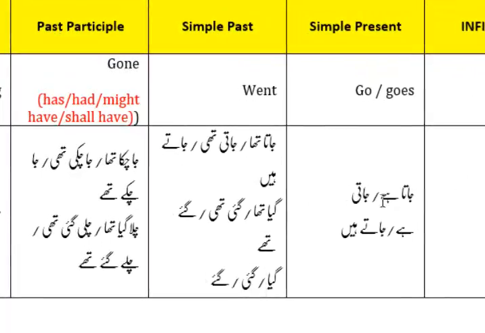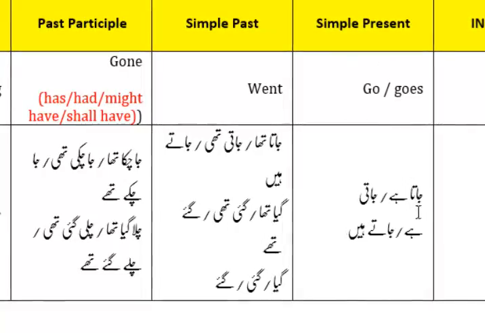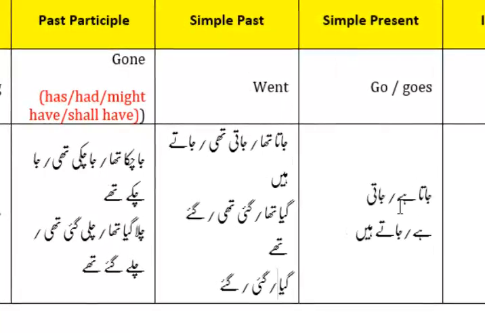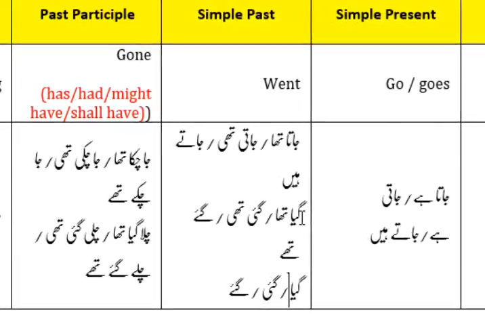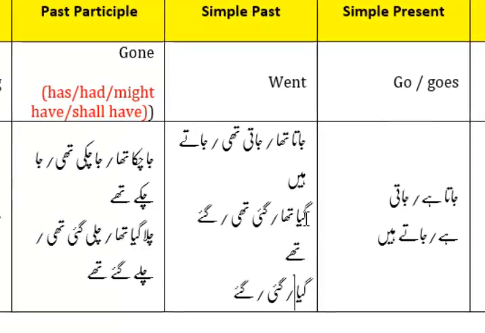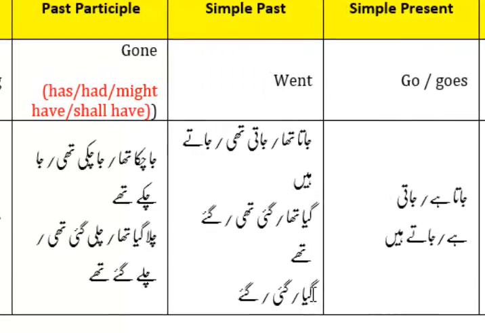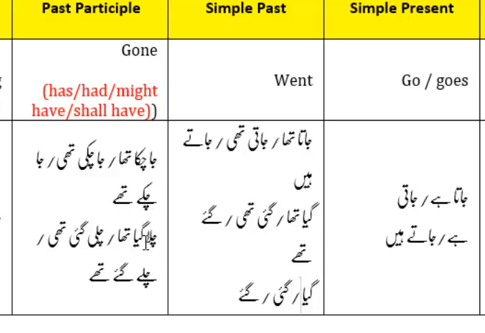But you might find that in present indefinite tense we are saying जाता है, but when we are in past indefinite tense, you will not find जाता था. You might find गया था or गया. Whereas in the perfect tense, चला गया था या चला गया है, और चले गए थे या चले गए हैं. So this shift from ja to chala is the irregular use of the verb.